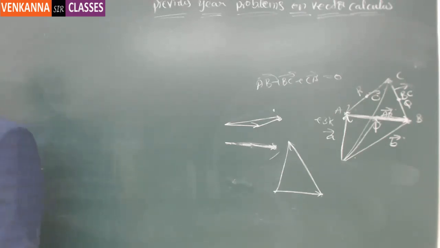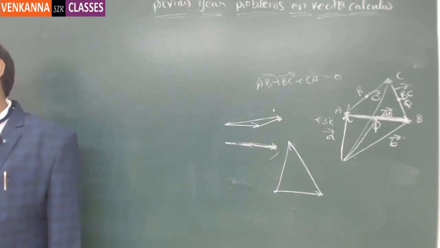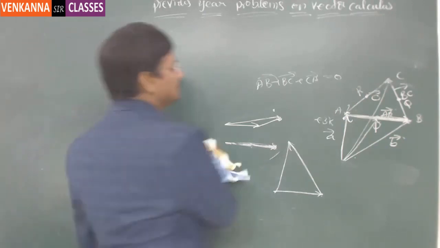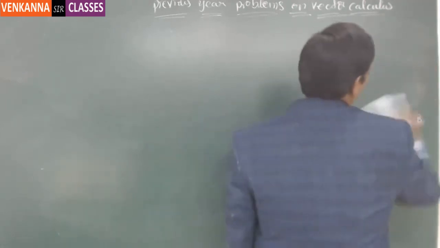So what you are saying is AB plus BC. Okay, yeah. Maybe as a value addition you can prove that also, but I think I don't need to do that.